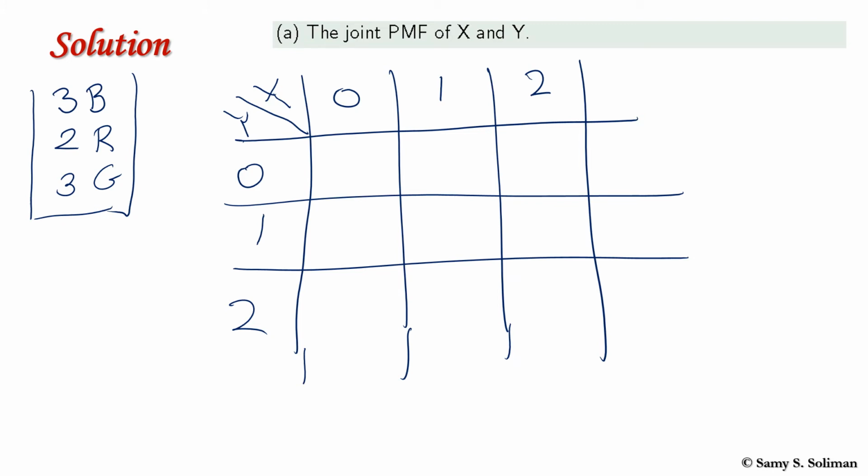So in order to have 0 blue balls and 0 red balls, that means that out of the 3 blue balls we select 0, out of the 2 red balls we select 0, and by default that means that out of the 3 green balls we select 2.